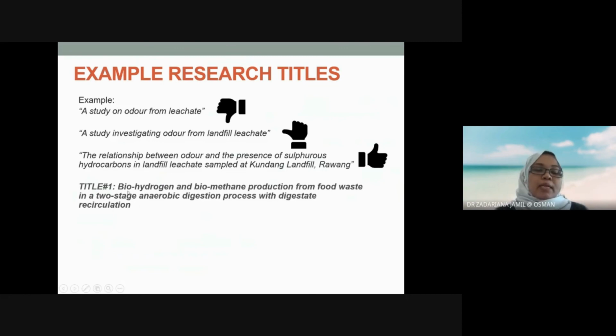The title is: biohydrogen and biomethane production from food waste in a two-stage anaerobic digestion process with digestate recirculation. It states the work they want to do in the research: hydrogen and methane production from food waste, using what process, and also using the digestate recirculation.